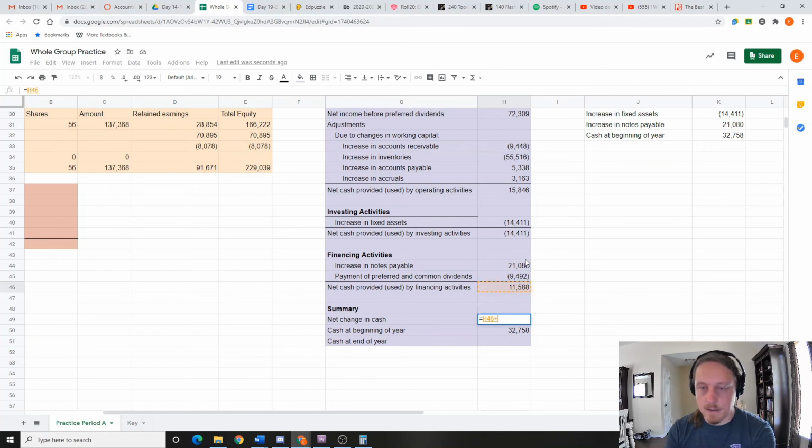It was this plus this plus this. That's $13,000 overall we have added to our cash in bank. At the beginning of the year we already had $32,000, so we didn't have to spend any of that because we made new cash. So at the end of the year we should have this plus this as cash in bank.